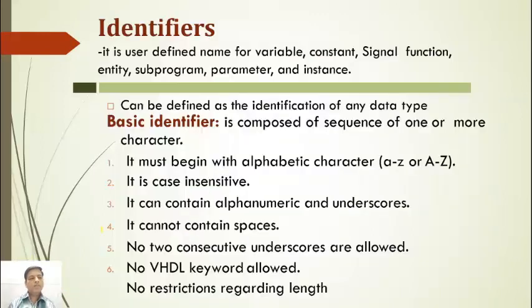So first we will start with identifiers. What does it mean by identifier? It is a user defined name for variable, constant, signal, function, entity, subprogram, parameter and instance.